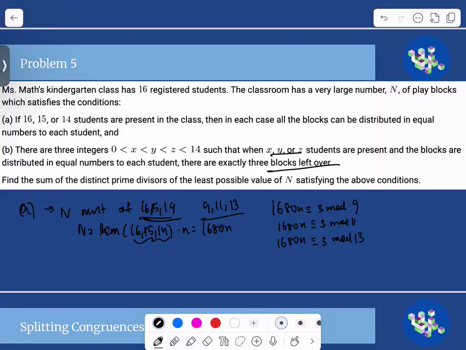If we divide 1,680 by 9, this is congruent to negative 3 mod 9, and so you get negative 3n is congruent to 3 mod 9, and so n would be congruent to negative 1 mod 9.